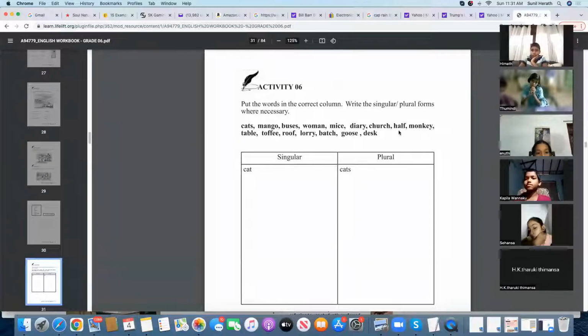This is another weird one. We're going to have half. I'll ask Daraksha. Is this singular or plural? It is a singular one. Yes, so it's one half. What is the plural version of this? Halves.